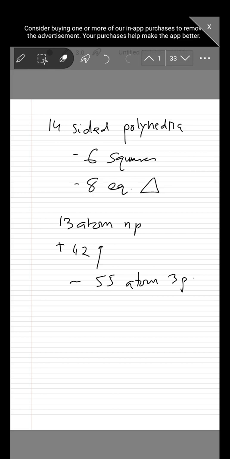Oh no, sorry, that is not the case, it becomes 52 then. So 42 atoms are added. So we have something called a 55 atom nanoparticle. So it will have the same 14-sided polyhedra shape.